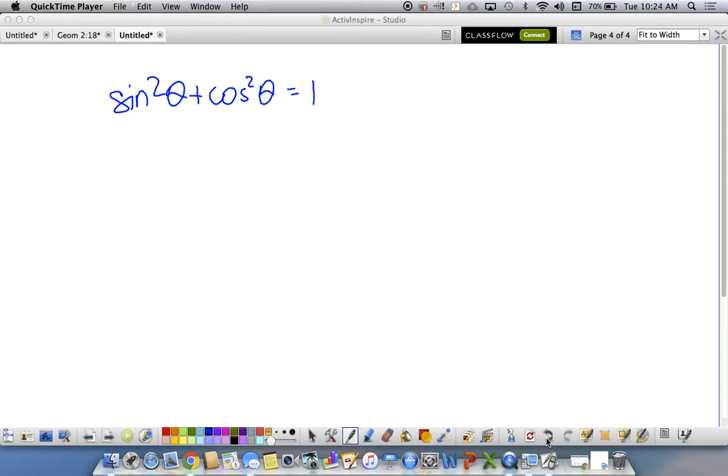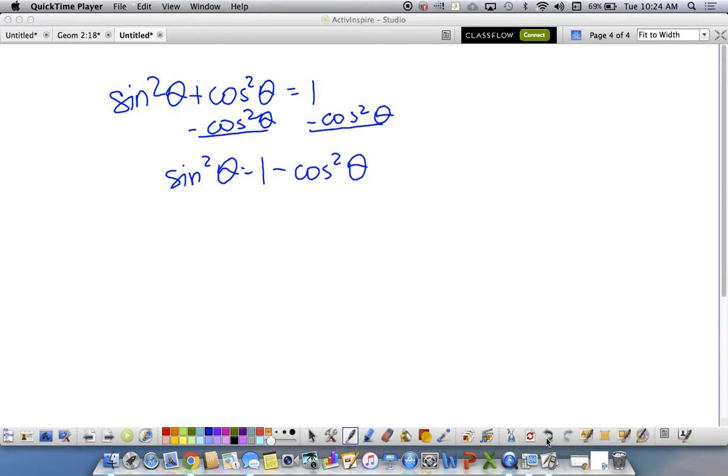So can we rearrange and solve for sine squared? Could we subtract cosine squared theta from both sides? Yes. And then could we say sine squared theta equals 1 minus cosine squared theta?